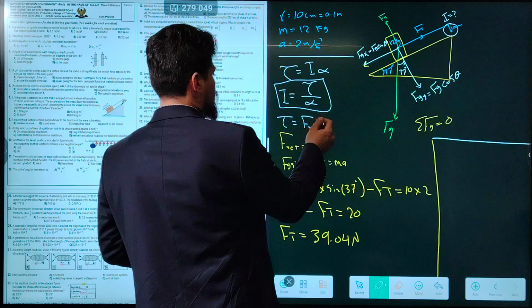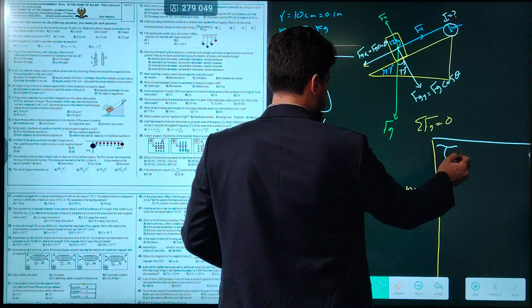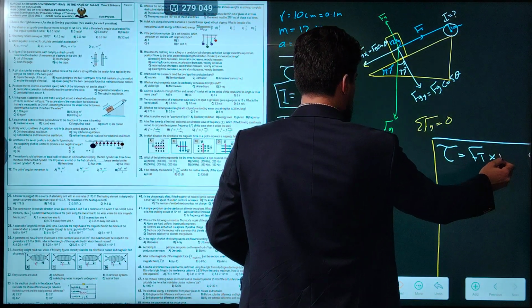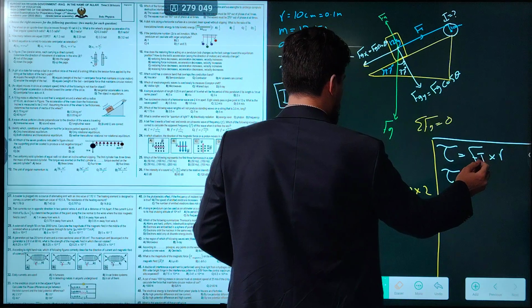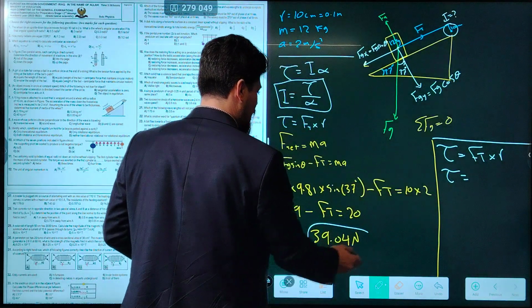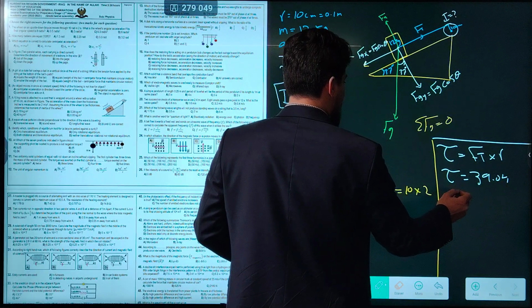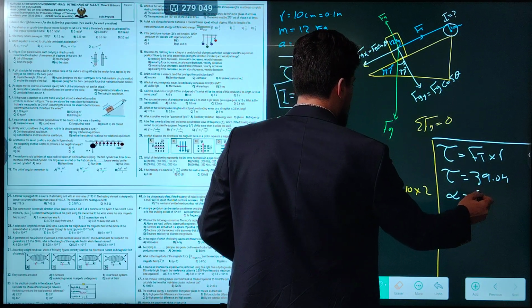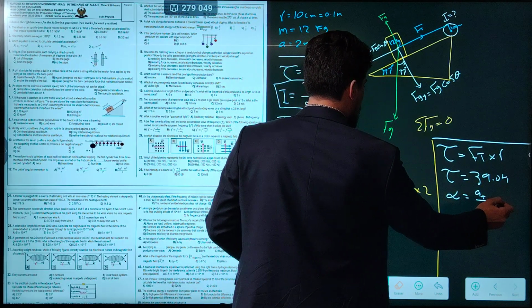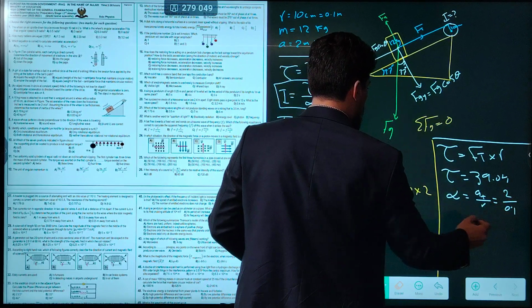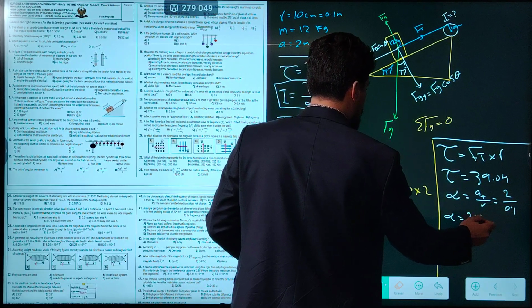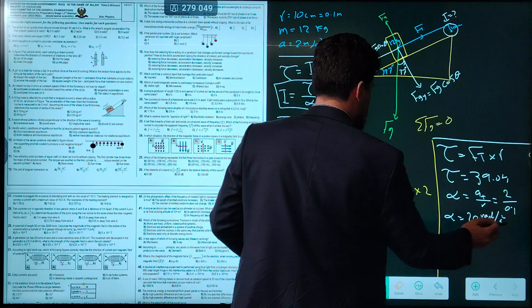Now we can substitute into this equation. Torque is equal to what? Ft times R. Do we have Ft? We didn't have it, but we found 39.04. And do we have alpha? No, but we have a over R, which is equal to 2 over 0.1. Alpha is equal to 20 rad per second squared. Why?